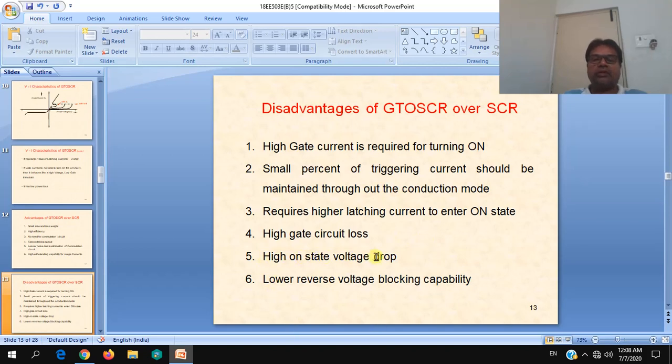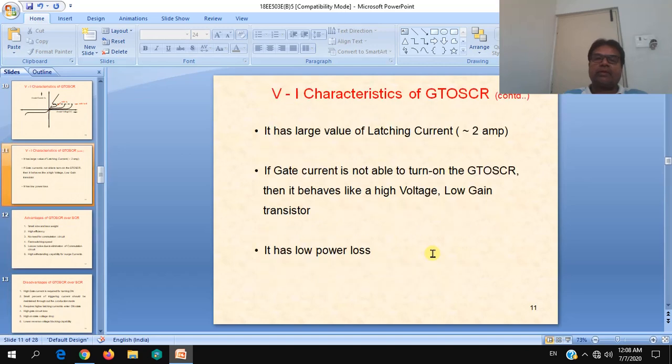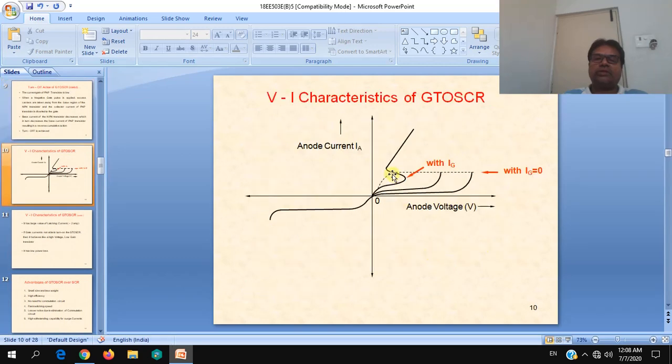High on state voltage drop. As we have seen in this VI characteristic, the current is going with more tapering angle when compared to SCR, which would have been almost 90 degrees, or around 90 to 80 degrees.